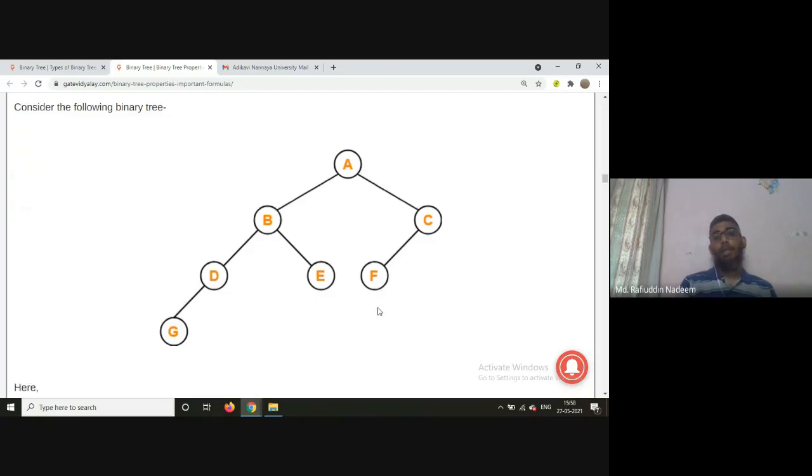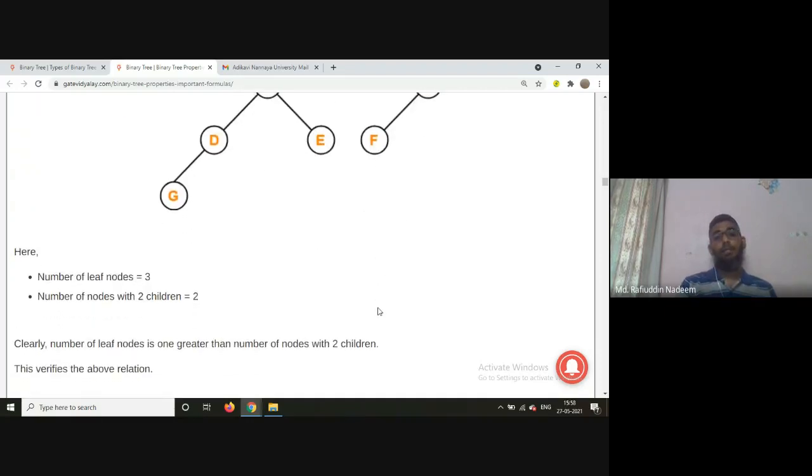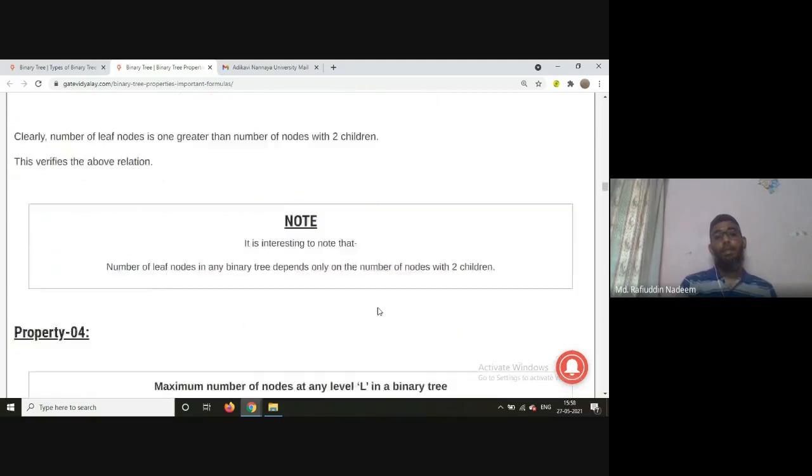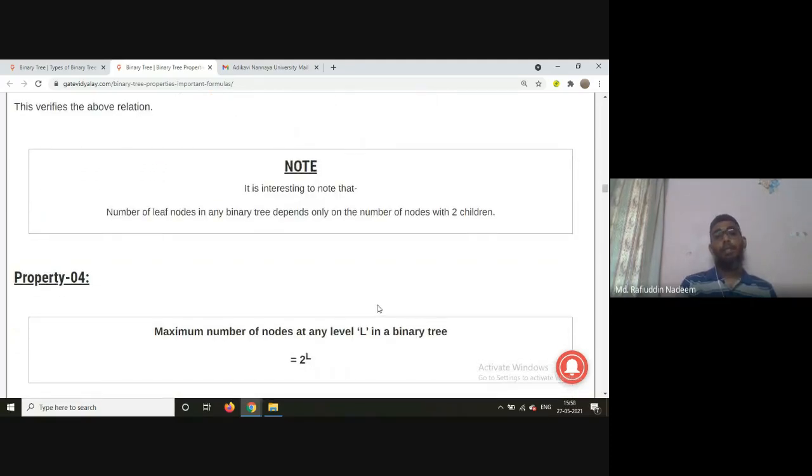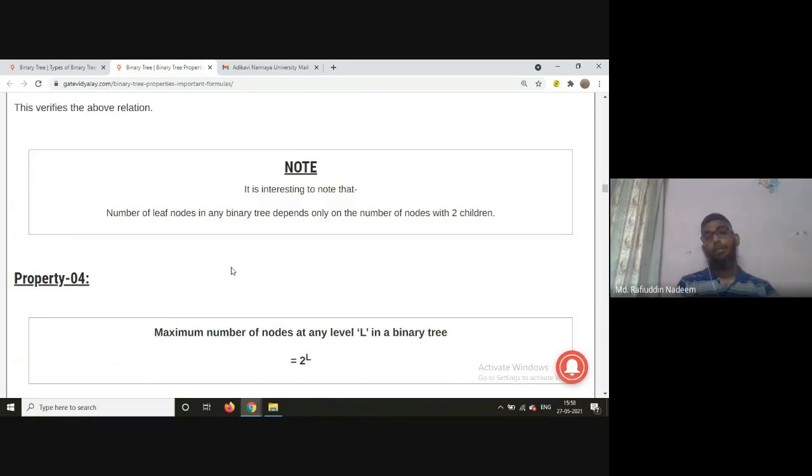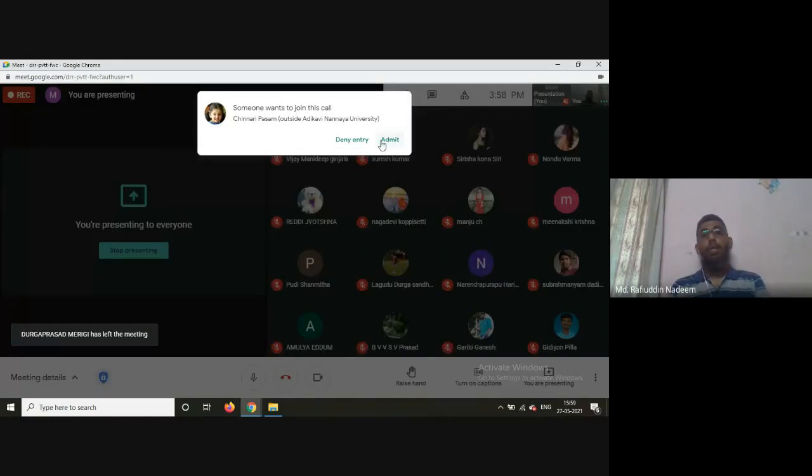Next, see another note given here: the number of leaf nodes in a binary tree depends only upon the number of nodes with 2 children. So accordingly, you can find the number of leaf nodes.